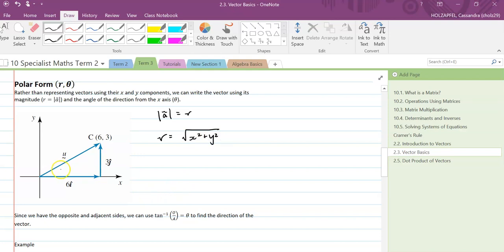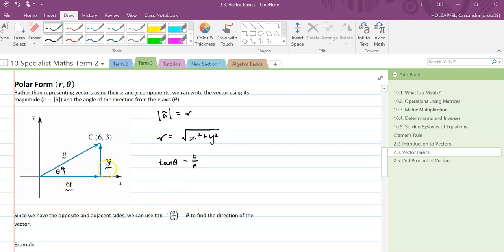So now what we need to do is go ahead and work out this angle here coming up from the x-axis. So to do that, I have my adjacent side length here and my opposite side length here. So tan of my angle is going to be equal to the opposite over the adjacent. And let's write this using our x and y's now.